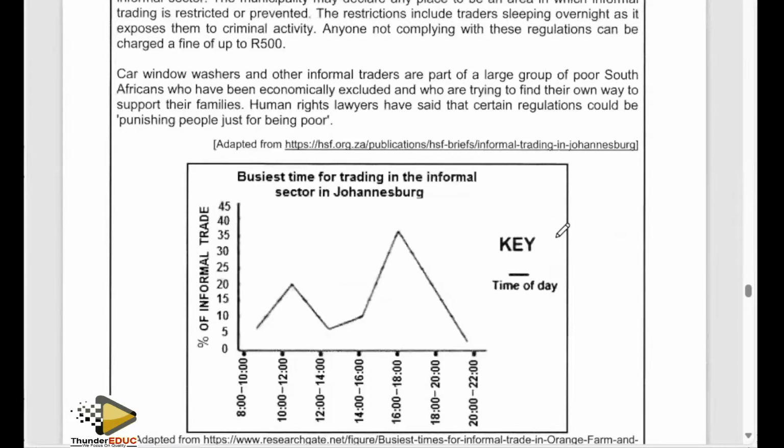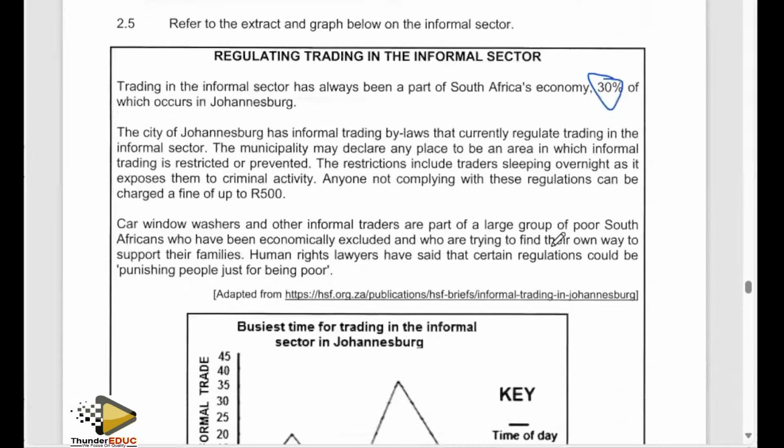Quote evidence from the extract why trading has been restricted in Johannesburg at night. We want to check for evidence why it is restricted that trading takes place at night in the city of Johannesburg. Right. It says here the restrictions include traders sleeping overnight as it exposes them to criminal activities. So this is where we get our evidence.